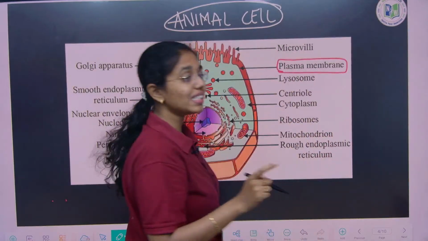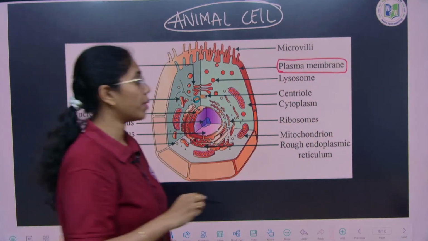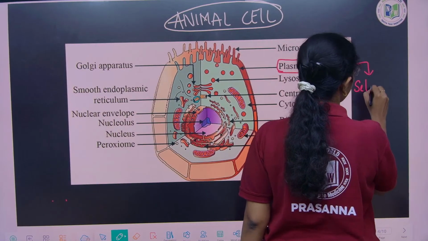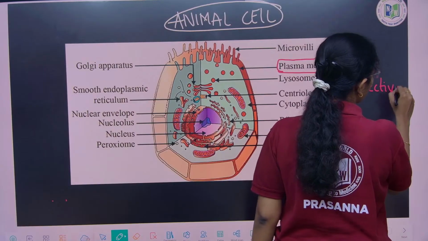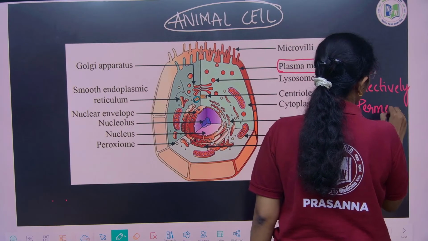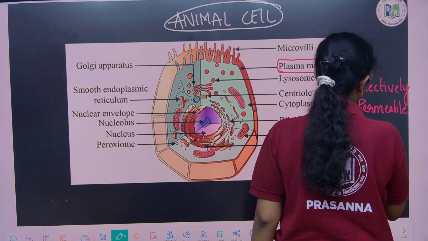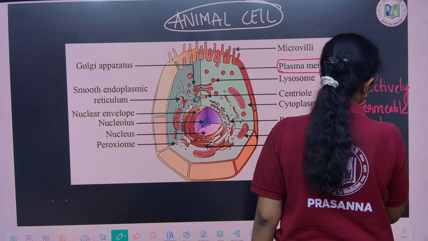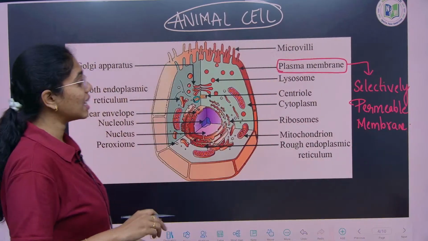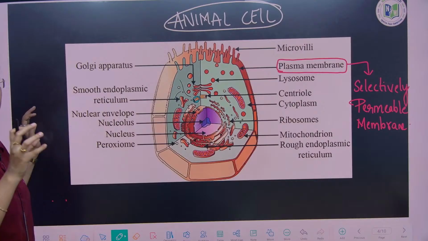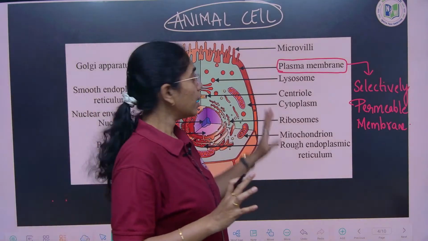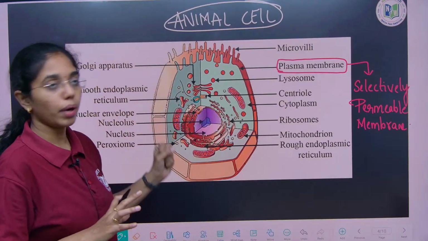The plasma membrane is a selectively permeable membrane. It is selectively permeable because it is selective in choosing whether to allow certain solute particles or not. So it is selective in permeability.